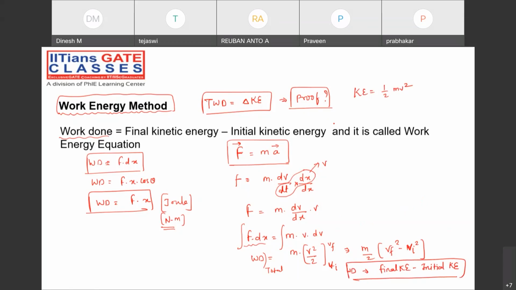Total work done. Now tell me, how many types of work done you can have? Conservative force work, non-conservative force work.